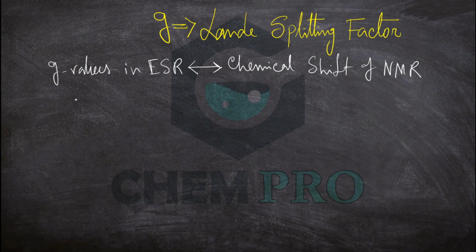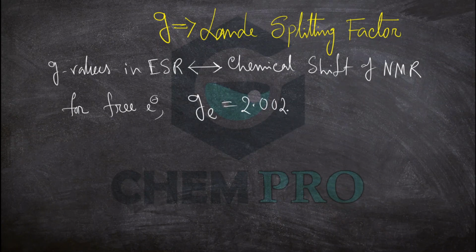Okay, so for free electron, that is the GE value is 2.0023.